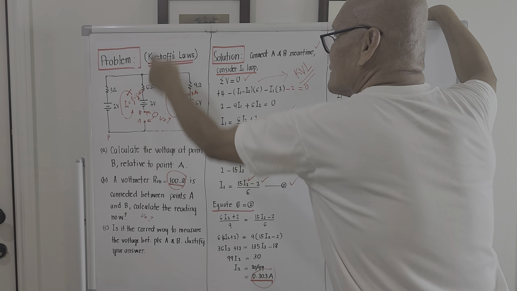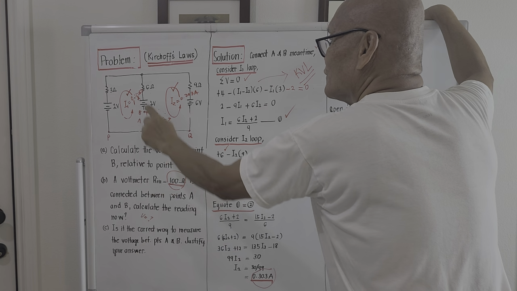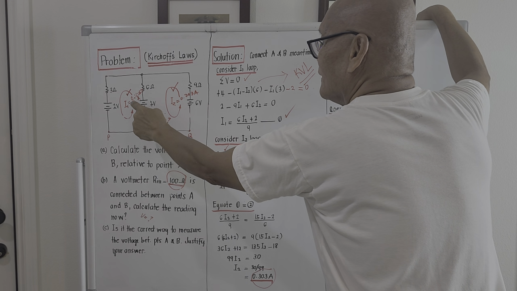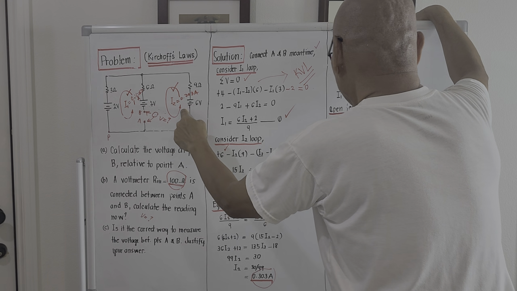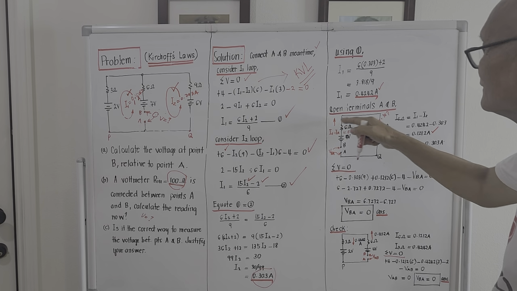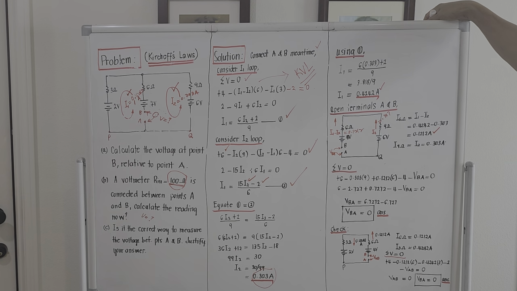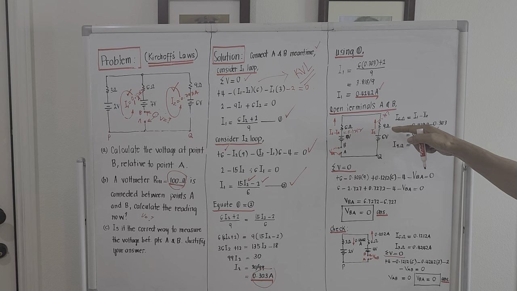This is upwards, this is downwards, so the net current passing here will be the bigger minus the smaller, and the direction should be upwards.